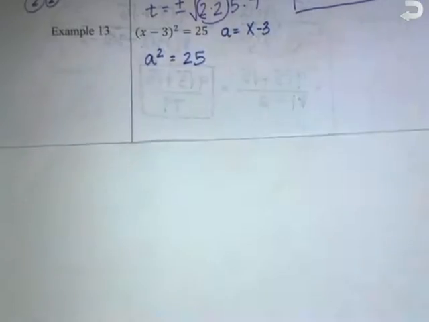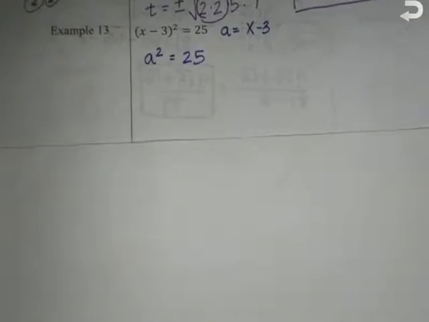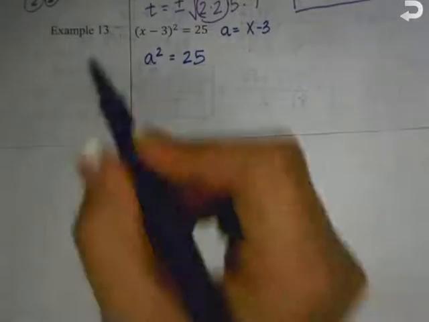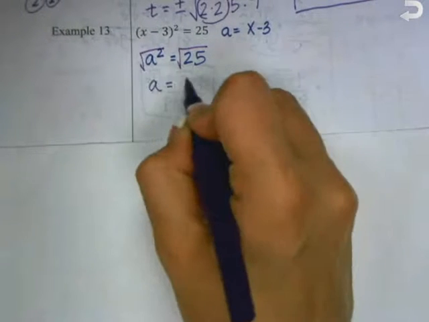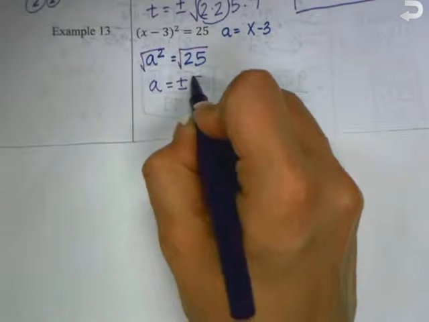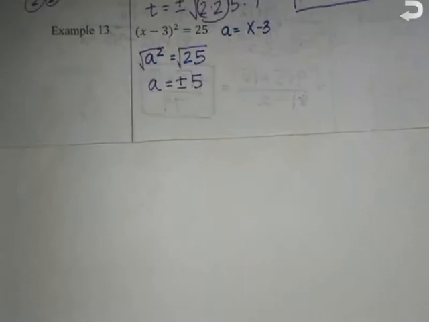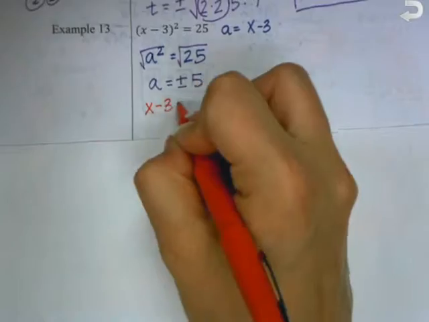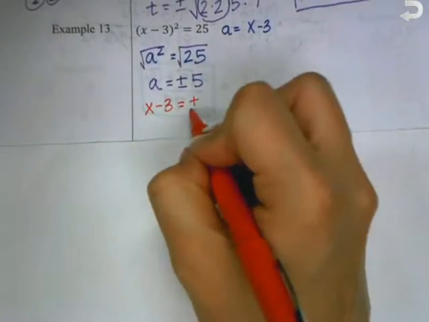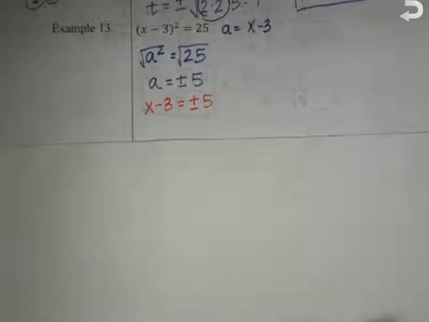So then what do we want to do? Take the square root. So we get a equals plus or minus 5. Now, am I done? Is that my answer? No, because a was x minus 3. So let's put x minus 3 back in. And then what do I have to do to solve for x?